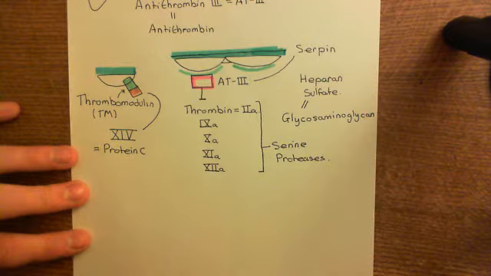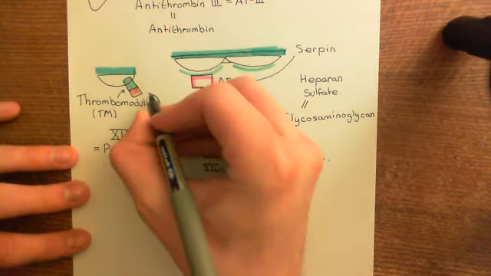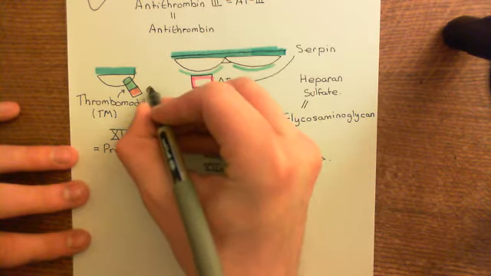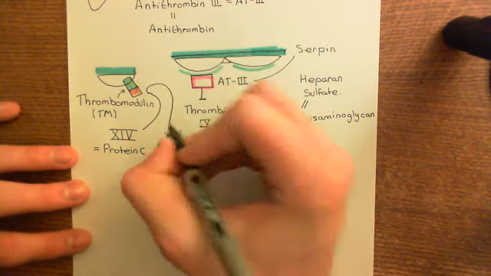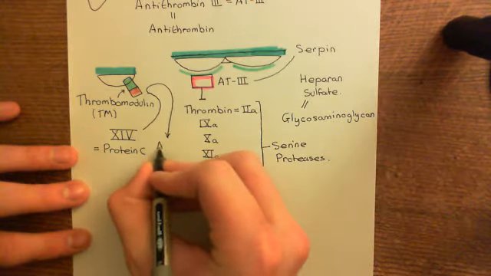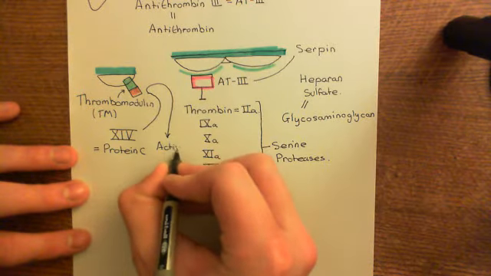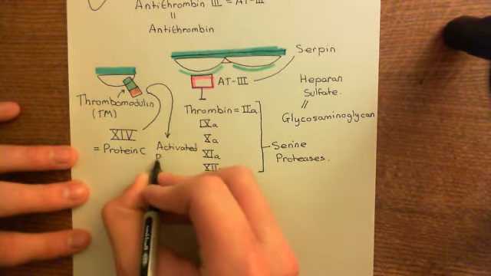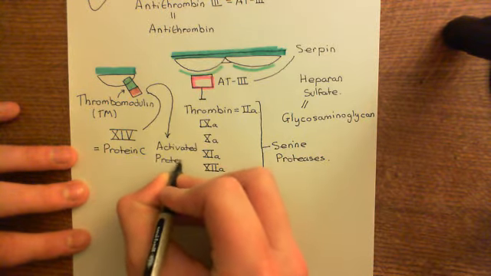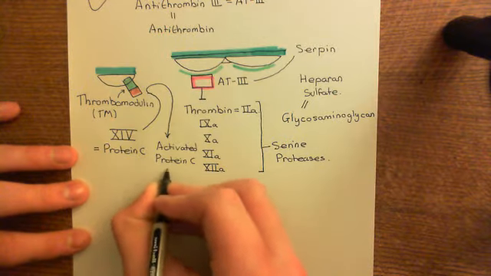So protein C is a normal component of the blood. It is a coagulation factor, and when it's activated by the thrombin bound to thrombomodulin, it's going to be converted into activated protein C. And you could also denote this as 14A. So this is activated protein C, which is often abbreviated to APC.